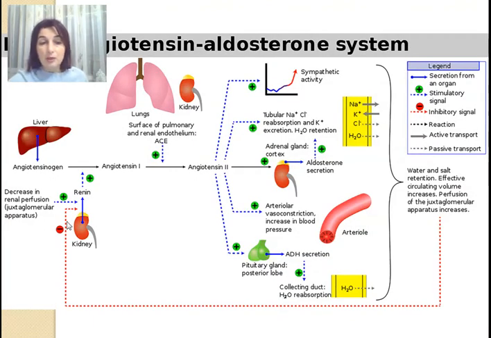The production of renin occurs in response to a decrease in the concentration of sodium ions, or renin also may be produced in response to a decrease in renal perfusion. So if the blood pressure in the afferent arteriole drops, renin may also be produced in response.